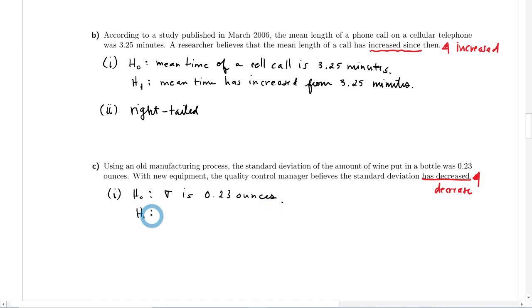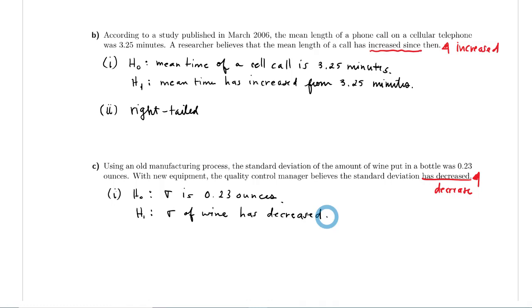And then the alternative says that the standard deviation of wine has decreased because they feel it's more accurate with the new machines. They're not giving too much over 0.23 ounces. Because it's decreased, that was our red flag to say that this was a left-tail test.